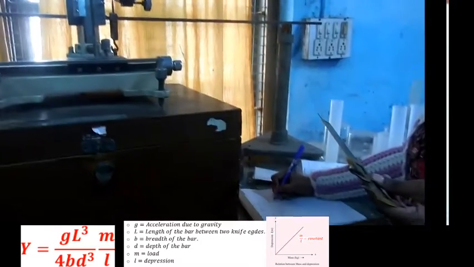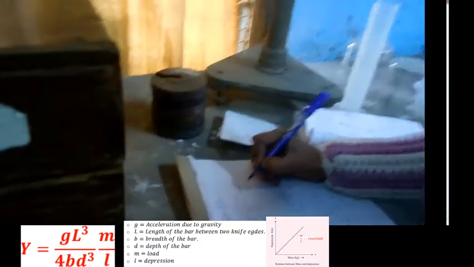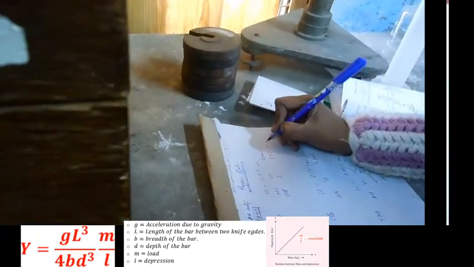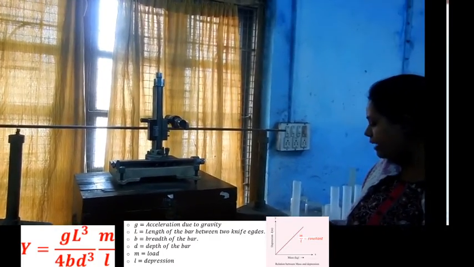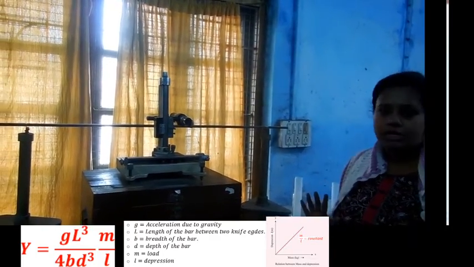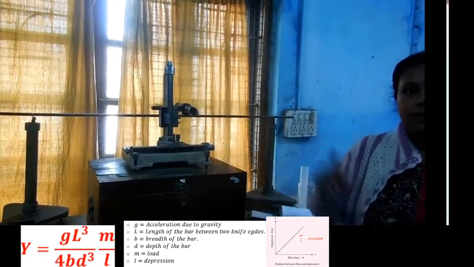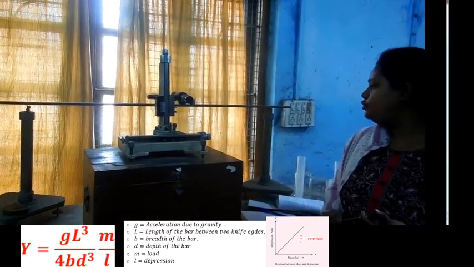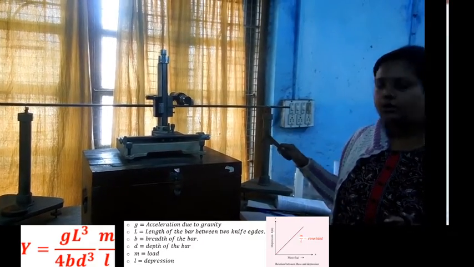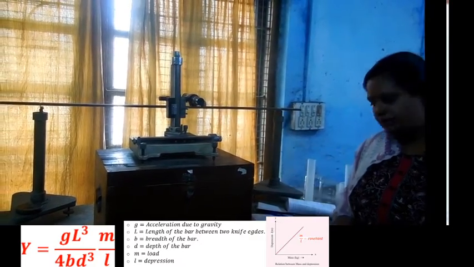So the total reading comes out to be 2.62 centimeters. The total reading is the main scale reading plus the vernier scale reading times the vernier constant. Now this should be found out at 3 places of the bar, because the bar might not be uniform. So we repeat this procedure in at least 3 places of the bar.